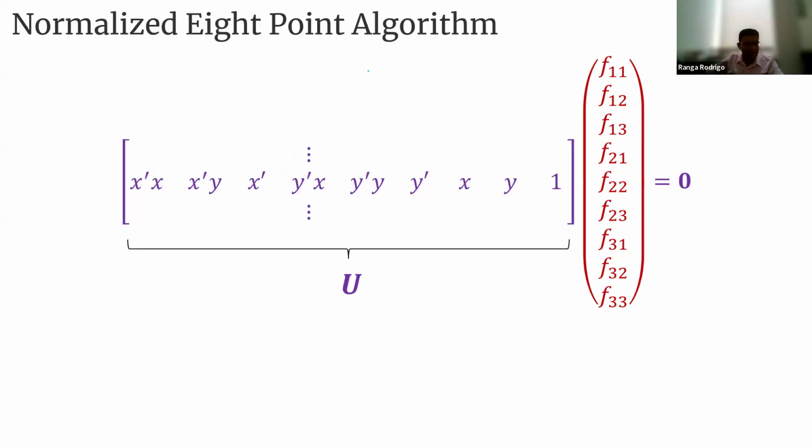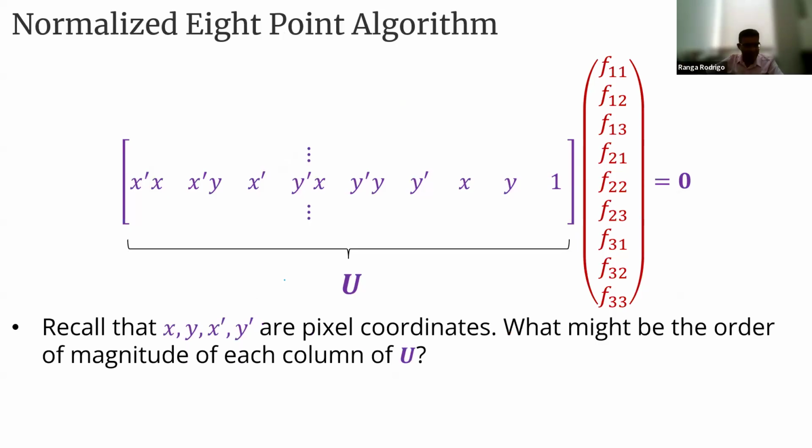Then there's a thing called the normalized 8-point algorithm. Recall that x, y, x prime, y prime are all pixel coordinates. For example, x prime can be 1000 and x can be 900. When you multiply 1000 and 900, this is a large number, but this one is just 1000, right? So very large numbers and small numbers are there in the same matrix.